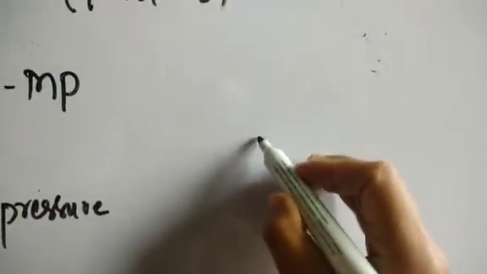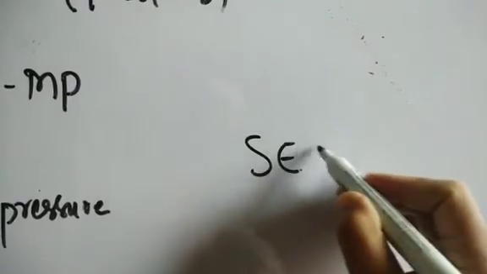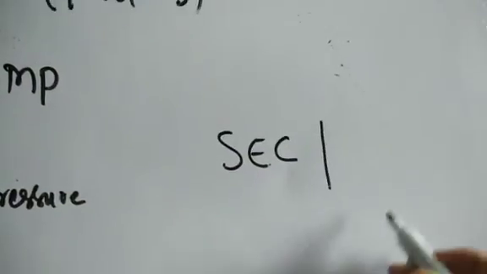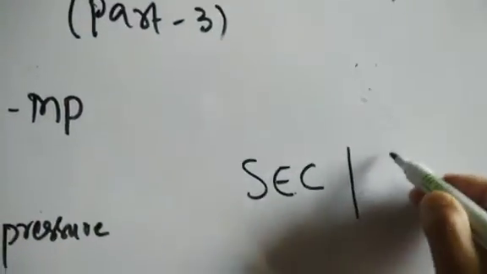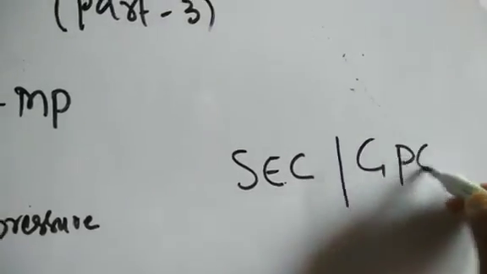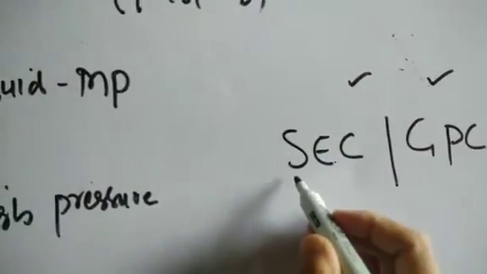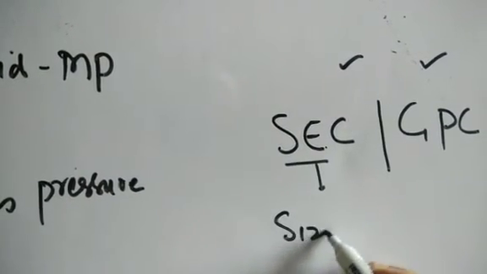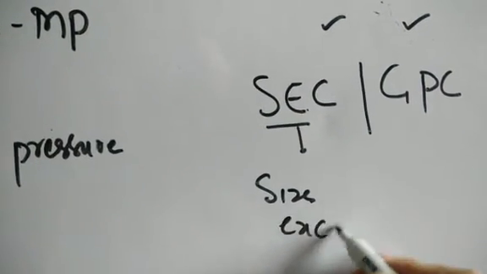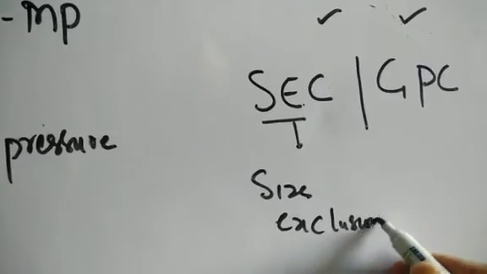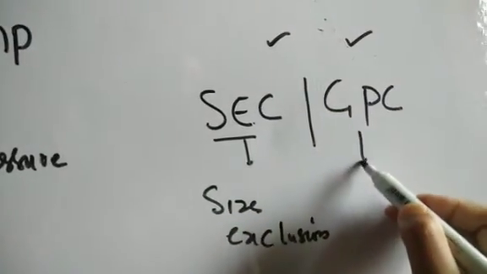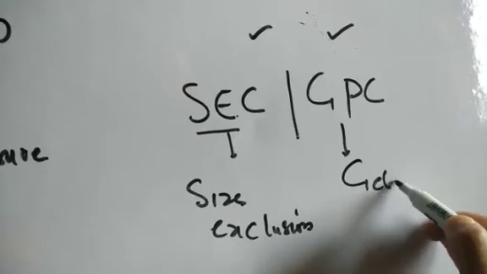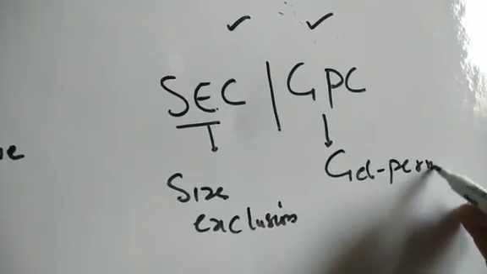Fine. Now इसी तरह we have some terms like SEC, or you can also see it GPC. दोनों एक ही almost. This is size exclusion chromatography, also called gel permeation chromatography.